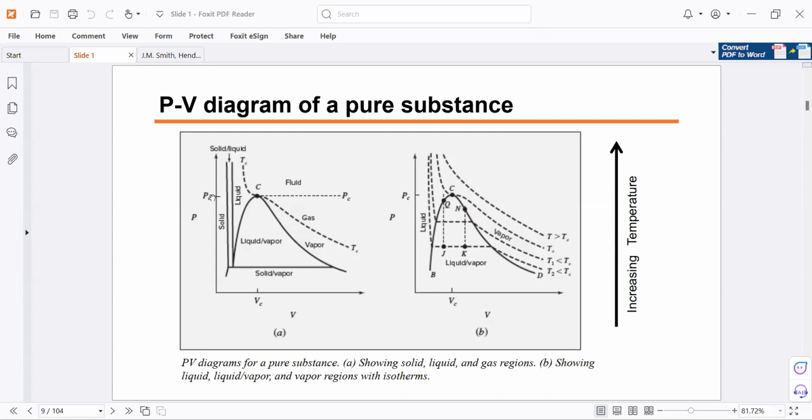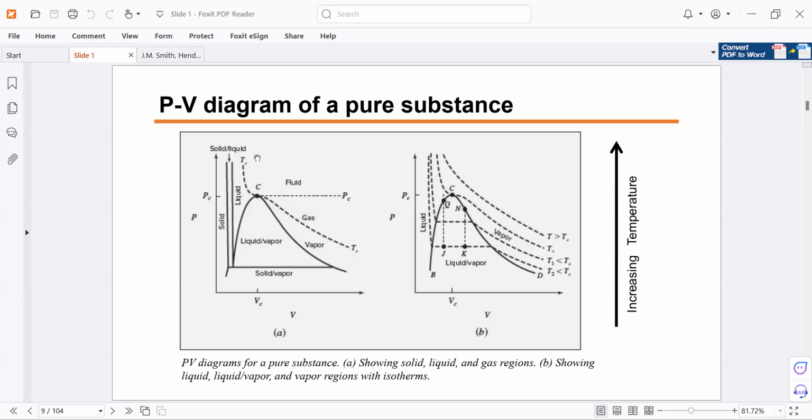It gives us the critical pressure and the critical volume. And we have the isotherm, the dashed line, right here, T sub C. This isotherm, this curve right here, is just one temperature, T sub C.